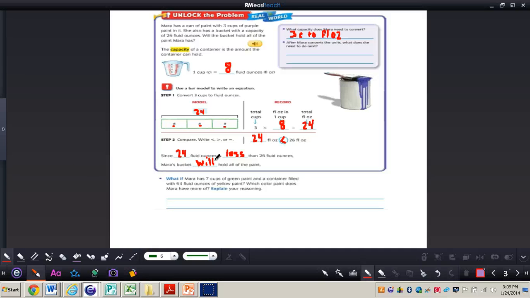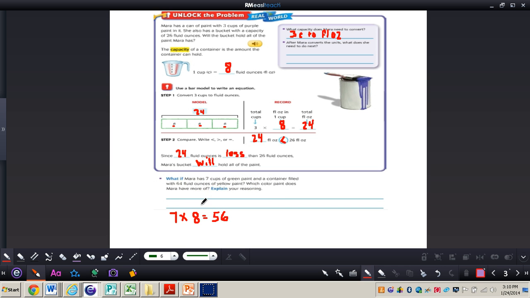If there are 7 cups of green paint, we need to convert this to fluid ounces. 7 times 8 fluid ounces in 1 cup is going to give me 56. So 56 fluid ounces of green paint, 64 fluid ounces of yellow paint. Which color paint does Mara have more of?